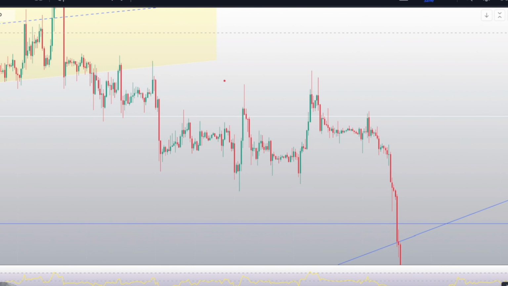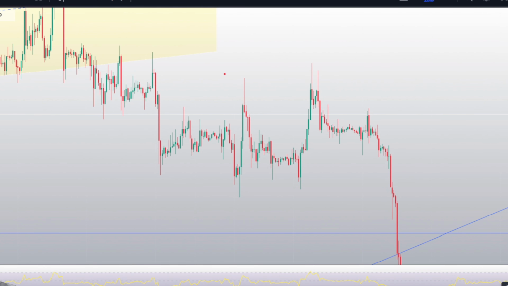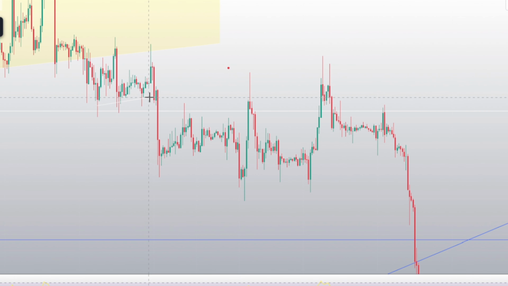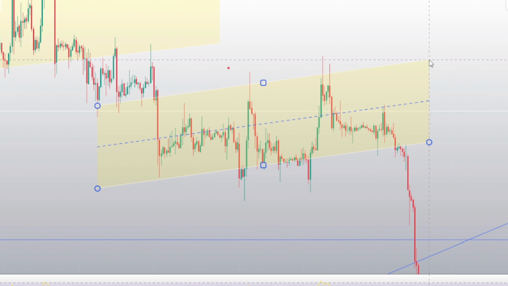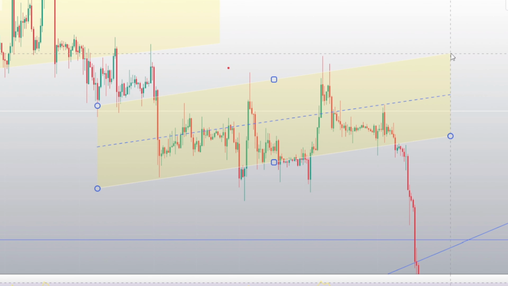Now we're going to use this new area of beautiful resistance and support. We're going to take these lows here, and we're going to use them with this low here. If you draw it down, you're going to see again a beautiful area of support and resistance.